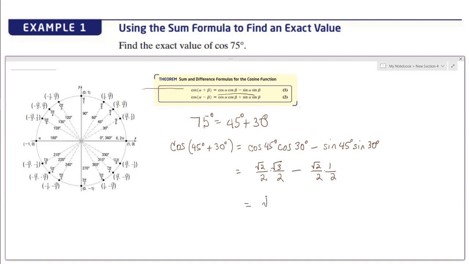Okay, so this is going to be a square root of 6 over 4 minus the square root of 2 over 4, or the square root of 6 minus the square root of 2 over 4.